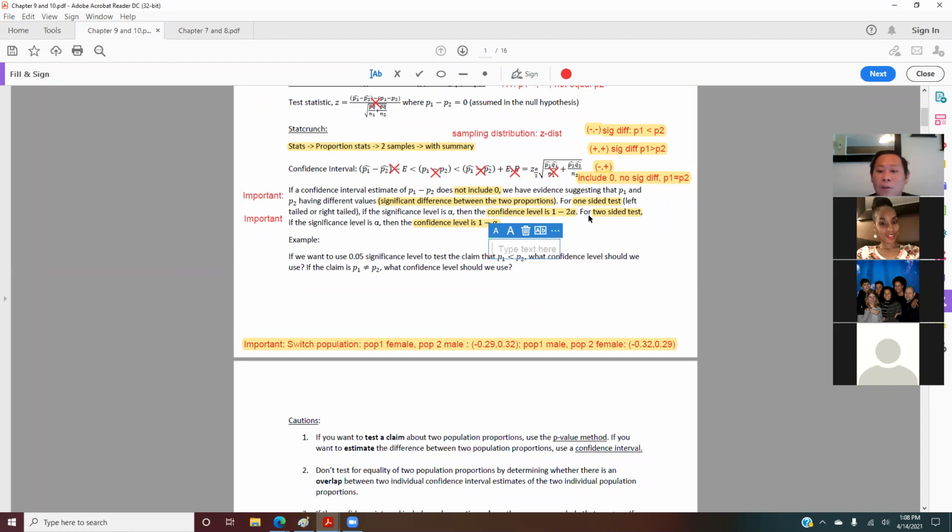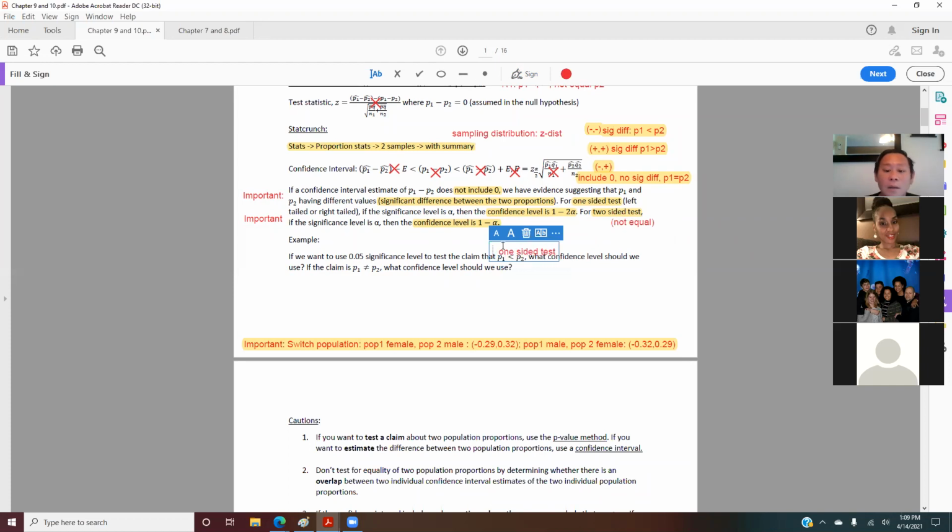Don't forget, two-sided is for what? Not equal, right? And one-sided is the left or right. So is this a one-sided or two-sided test? This is a one-sided test.